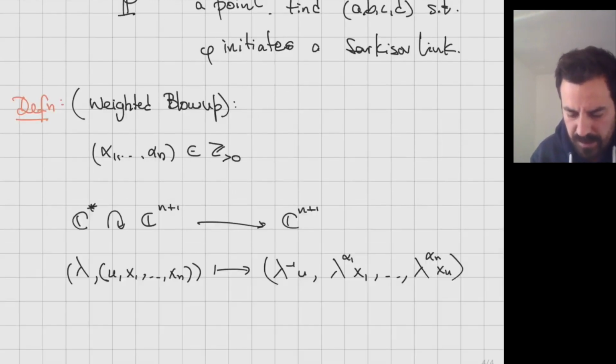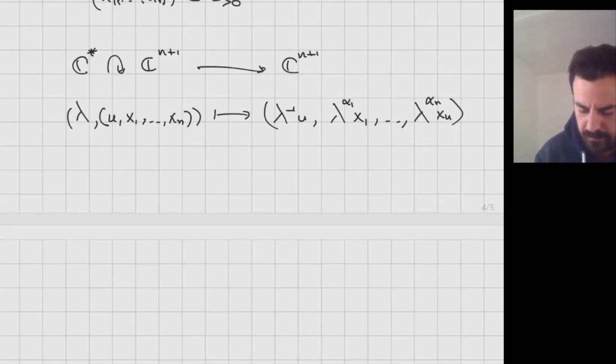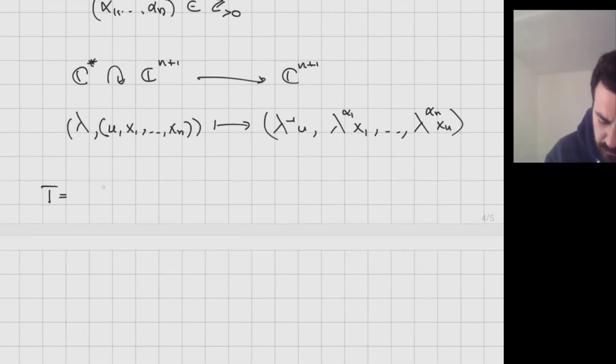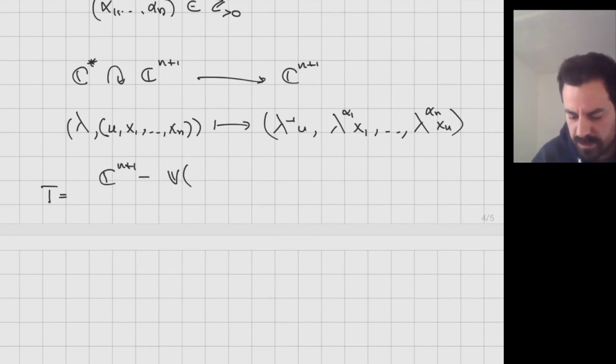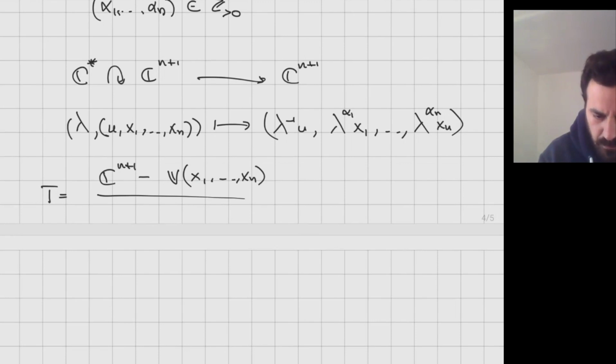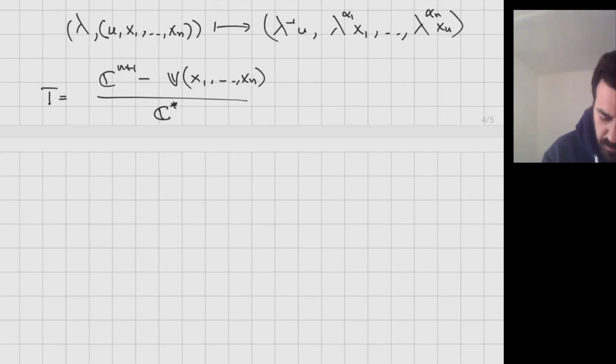Okay, now I'm defining a toric variety, which is T equals C^(n+1) minus the origin, x_1 up to x_n, over C star. Okay, this is a variety. So this is a toric variety.